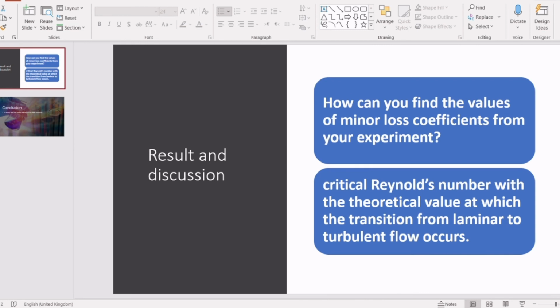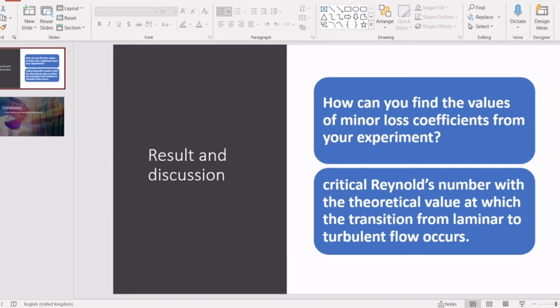And the second part is about the critical Reynolds number with the theoretical value at which the transition from laminar to turbulent flow occurs.